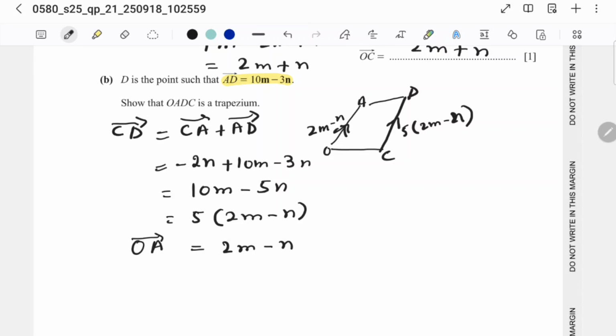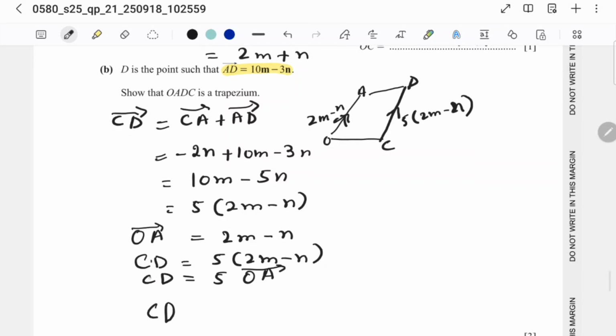So you know that CD is 5 times 2m minus n and OA is 2m minus n. It means CD is 5 times OA. Alright, so these two are parallel lines. So CD is parallel.